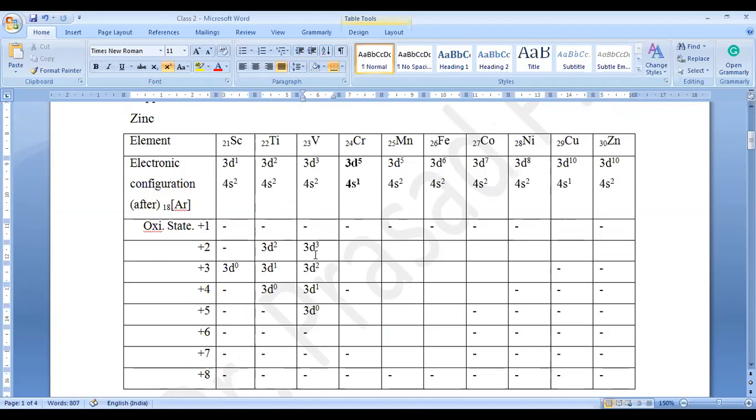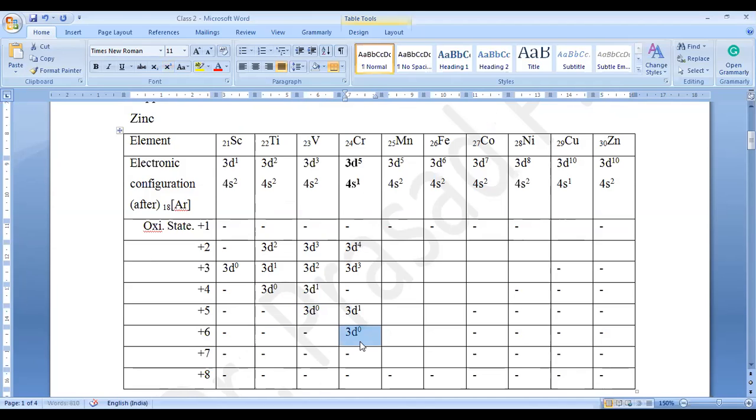In case of chromium, it can have 3d3 configuration, that is plus 3, as well as 3d4. 3d4 and 3d3 are stable, that is plus 2 and plus 3 are stable, whereas plus 4 is not stable. Then it becomes 3d1 as well as 3d0.